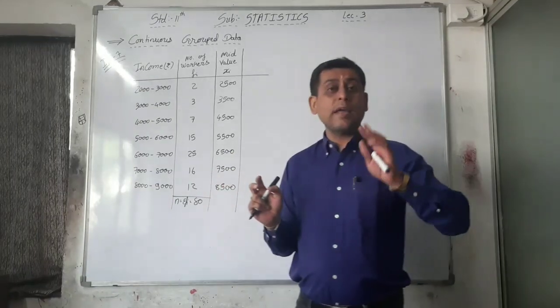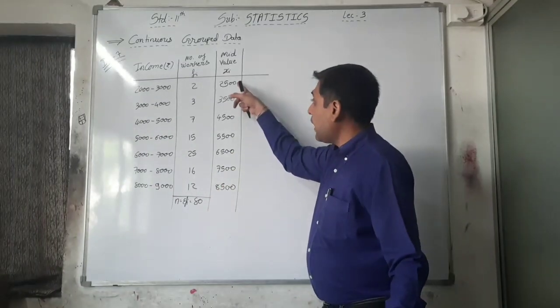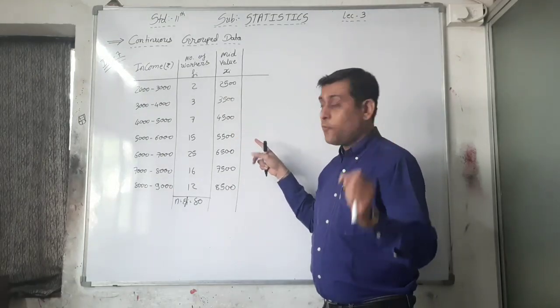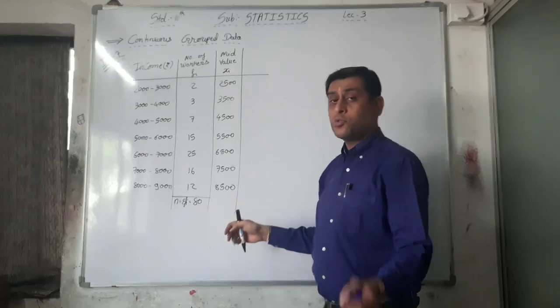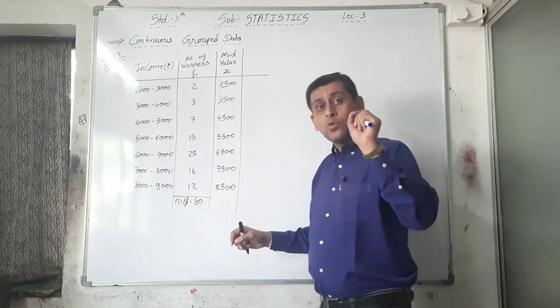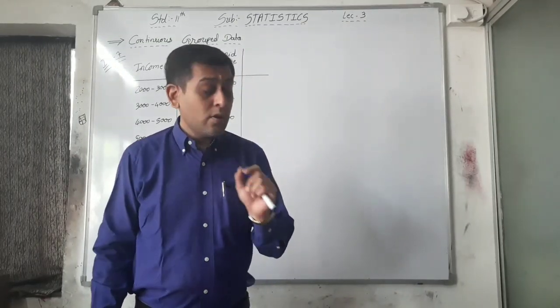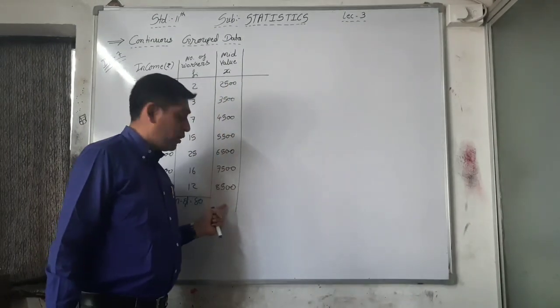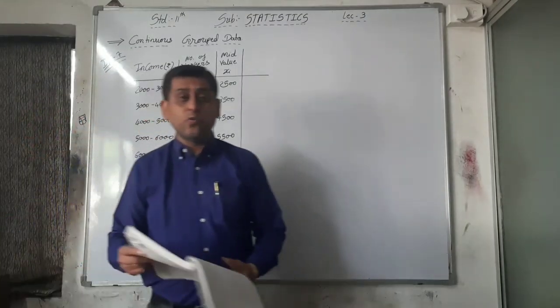You can find it by either method, but I am telling you, be careful and be serious, whenever your Xi is more than 100, then you have to take the shortcut method. See, whenever your Xi is more than 100, I will give you the proof of that.